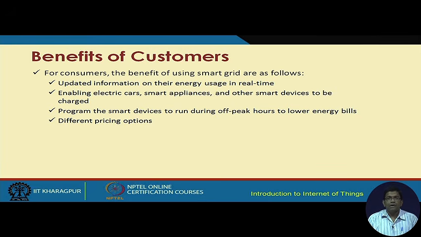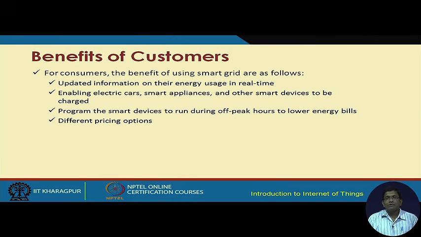So those are the off peak hours. During the off peak hours, if one customer wants, they can run certain appliances, and the bare basic necessities can be run during the peak hours and so on. So it can be distributed. All of these things can be done by the customer himself or herself, and that is all possible in the world of smart grid.